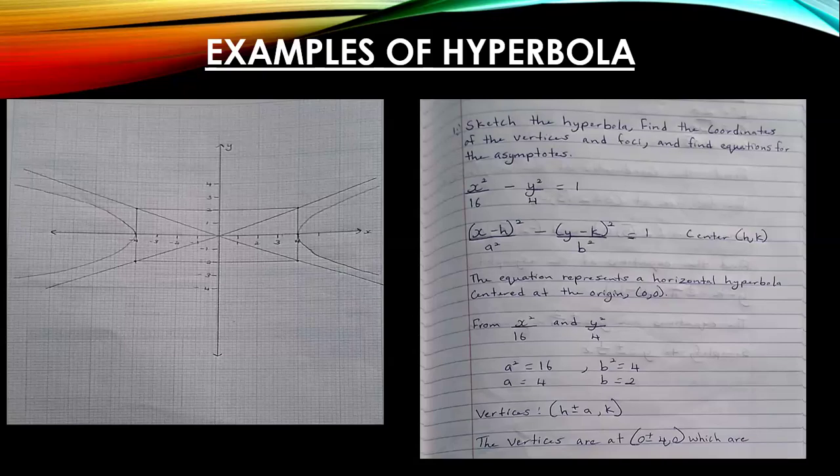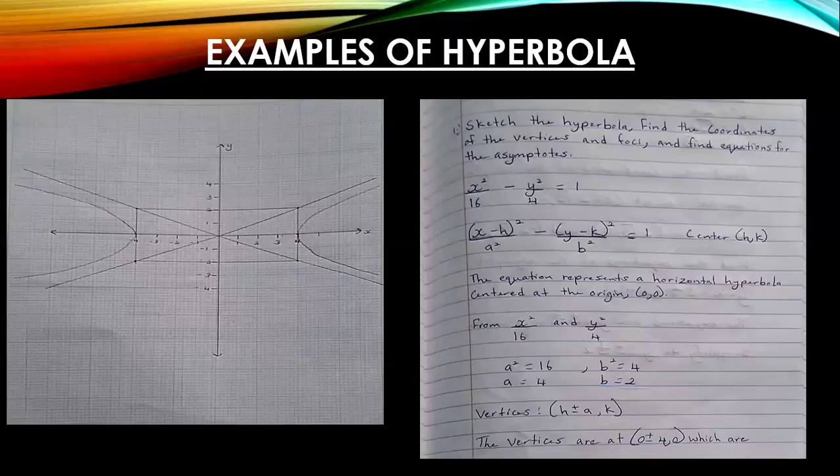So I showed you earlier how to sketch the hyperbola. First you need to locate your a value, and we know our a squared value is 16, so we square root that and it's going to give us 4. Also we square root this 4 and it will give us 2.